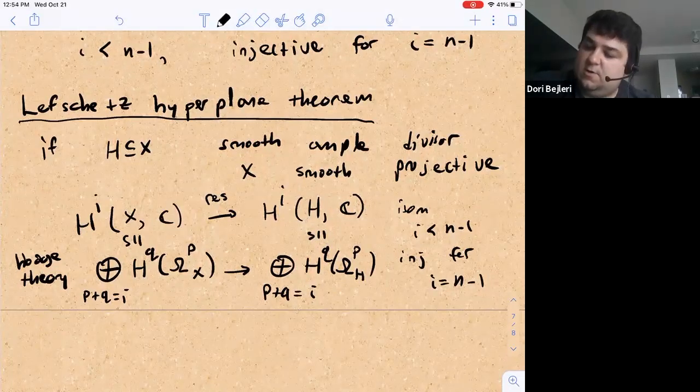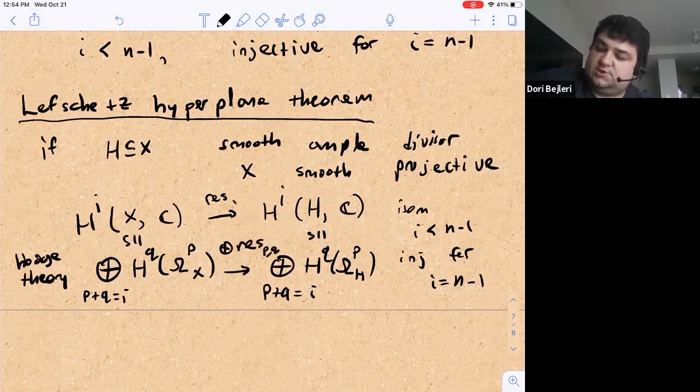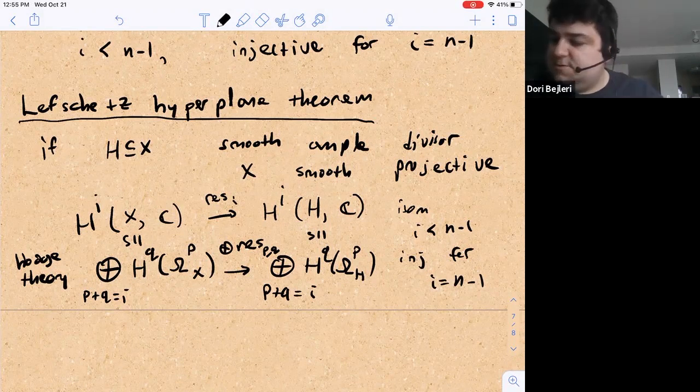That this diagram, where here I put the direct sum of restrictions for H^{p,q}, really commutes with the restriction for singular cohomology. That's the naturality of the Hodge decomposition.